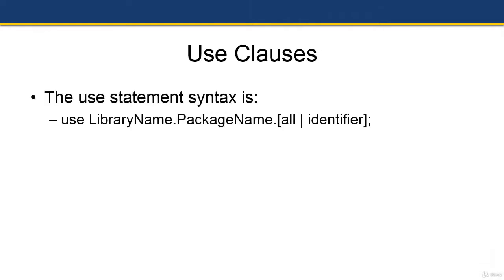When we go to use the package, we have to be able to refer to it first. The syntax is use library name. Library name is the library in which the package has been pre-packaged by the tool itself. The package name also dot either all, which is a keyword, or if you're interested in a specific aspect of the package, you can refer to it by identifier name.